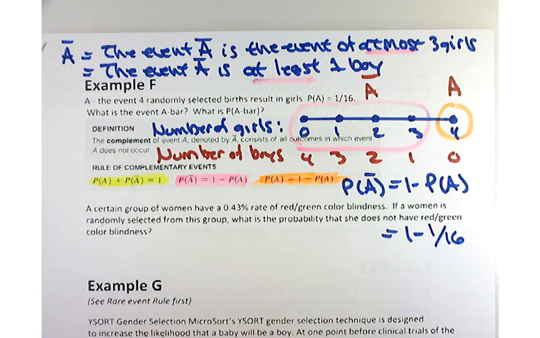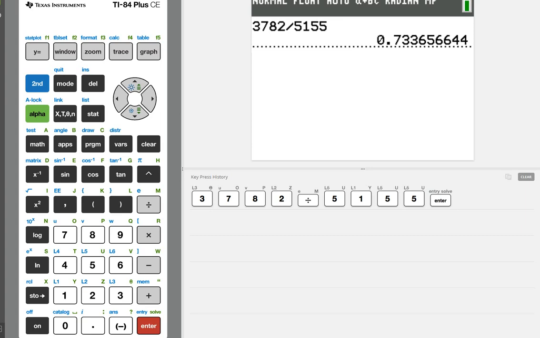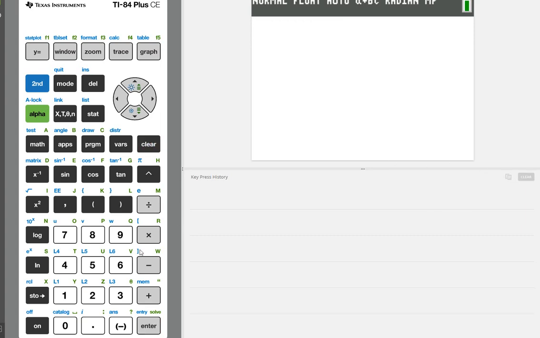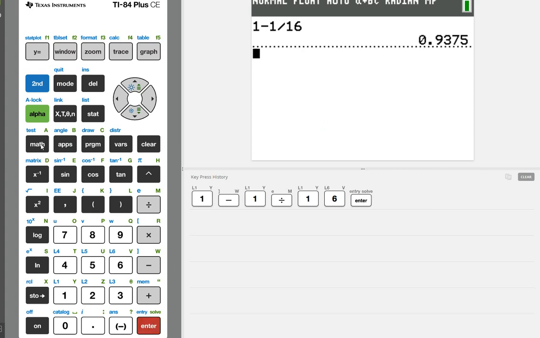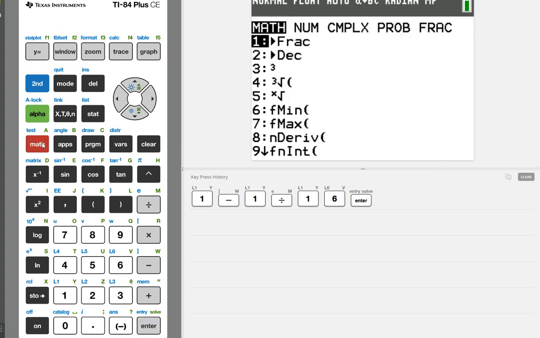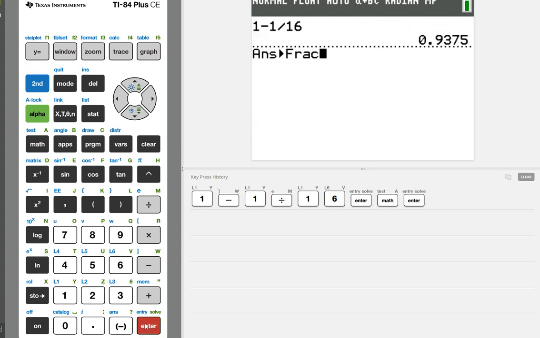Now, if you're not good with the subtraction of fractions, let me direct your attention to your graphing calculator. You can do 1 minus 1 divided by 16. Now that's going to give you a decimal. If you hit the math key and press enter twice, that'll turn that into a nice, neat fraction. Now keep in mind, not everything can be turned into a fraction.